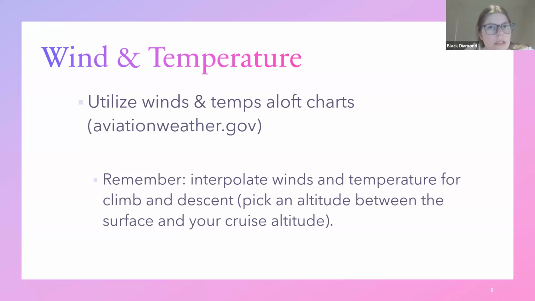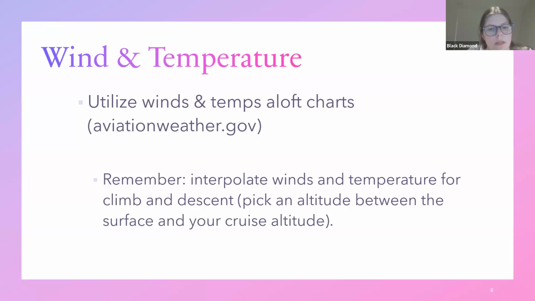So if your surface is at 500 and you're cruising at 3,500, I would pick winds and temps aloft for maybe 1,000 or 1,500, or maybe even 2,000 or 2,500, something in between, because you don't necessarily want to be using the surface winds at your departure.